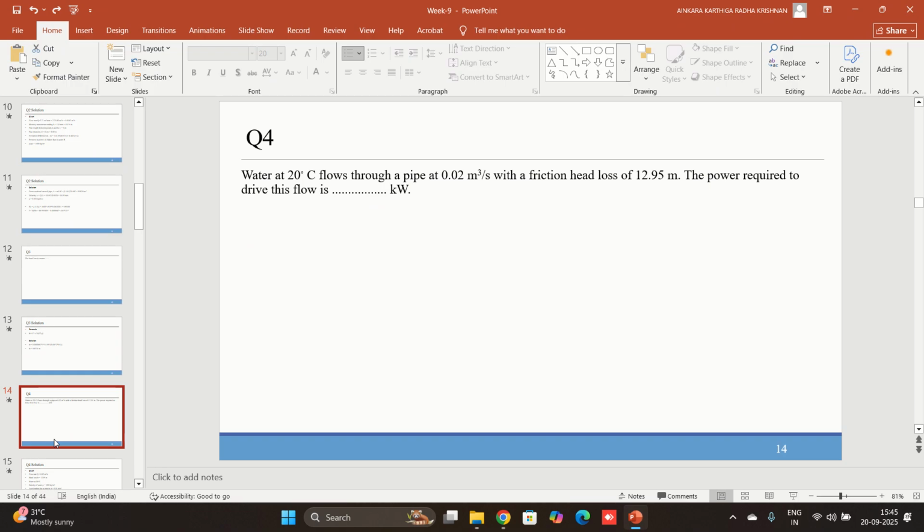For question 5, we are asked to find the power required to drive the flow of water from a pipe that has a flow rate of 0.02 meter cube per second, and friction head is 12.95 meters. So power P is equal to rho Q g into hf. Hf and Q are given directly in the question. Rho for water is 1000 kg per meter cube, and g is 9.81. Substituting will give us the answer.